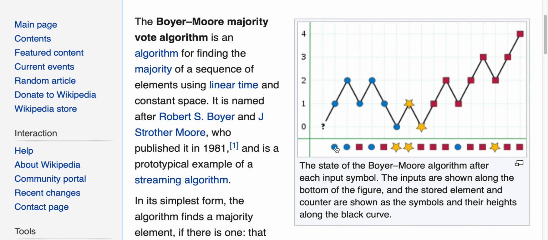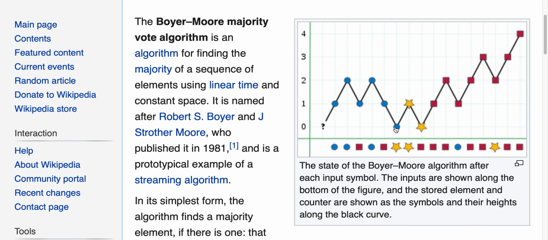So we start with the blue. Blue is the first one we ask, and we say, okay, what do you vote? He says, I'm voting blue. So I've got one vote for blue. Another one votes for blue, so now I've got two. Now I get a round rectangle, so blue takes one hit down, and then two hits down, and now it's 0.